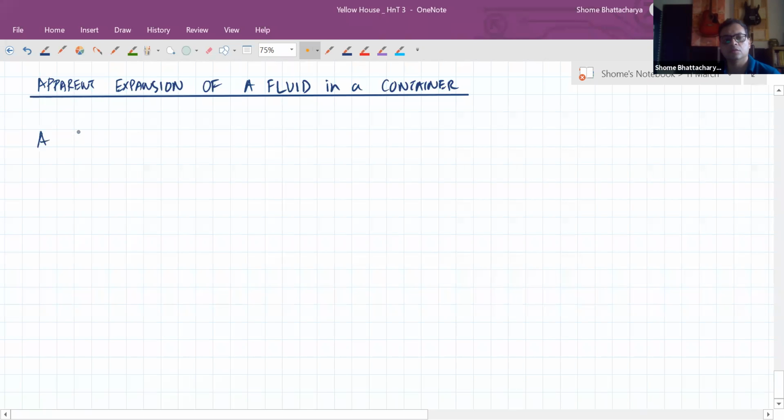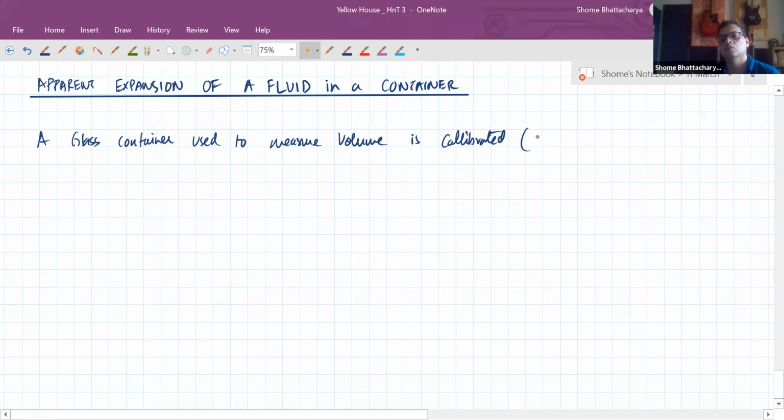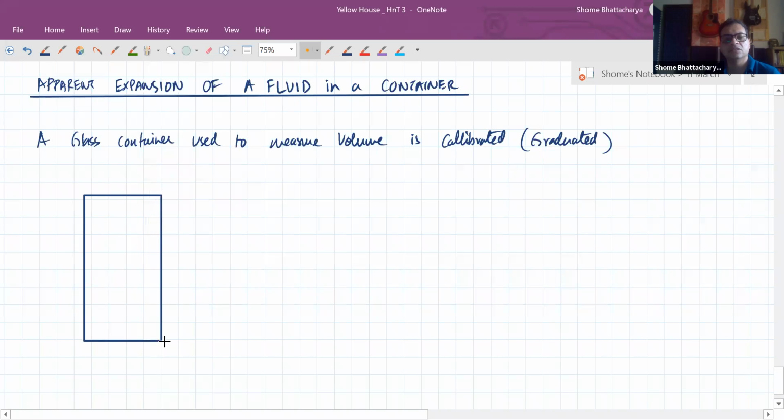So a glass container used to measure volume is calibrated, or you can say it is graduated. When you have a container which has markings on the side like this, we call it a graduated container.